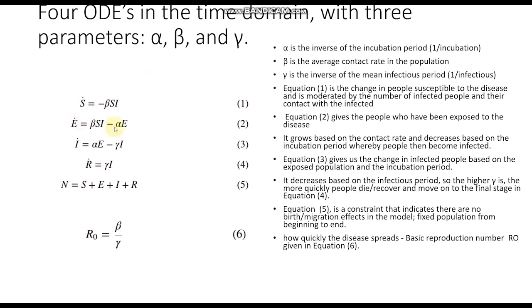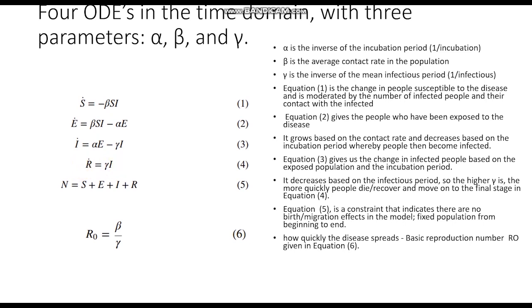So this equation shows clearly that the change of people in the infectious compartment is a function of the number of people recovered, which is in turn defined by the inverse of the mean infectious period. As already discussed, gamma into I is nothing but the rate of recovery, which is given in equation 4.